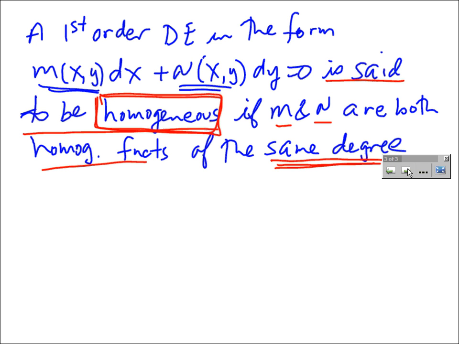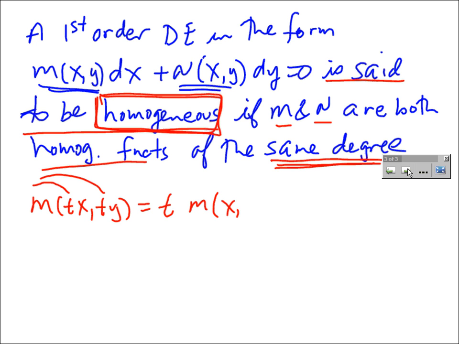So this would mean that if you look at m of tx, ty, the t's kind of factor out and you get m of xy. But the t gets raised to some power.